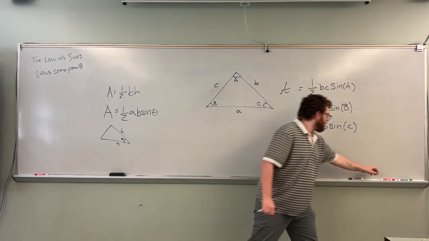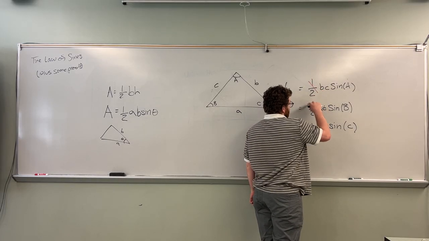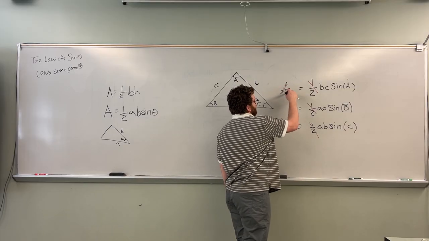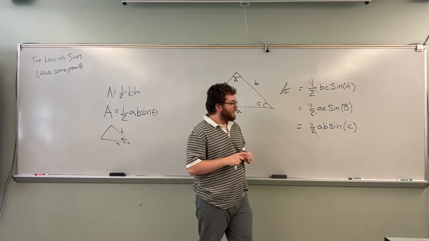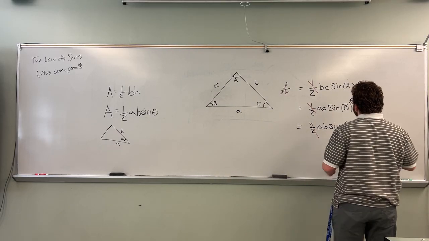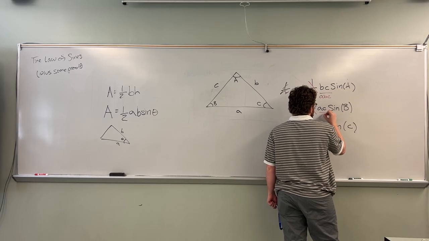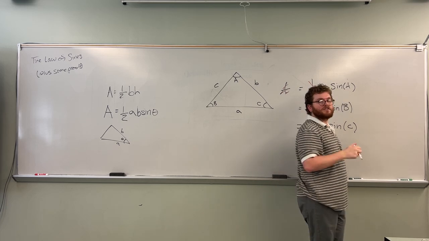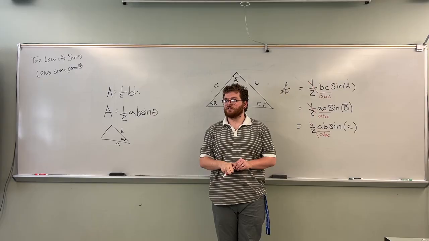Another thing that I could do here is I can cancel out this 1/2 in all of these since they're all equal. Not worried about area at all right now, but I know that all of these are equal to each other. And then the next thing that I can do is I can divide everything by lowercase a, b, c. Since they're all equal to each other, dividing them all by the same thing makes them equal to each other.